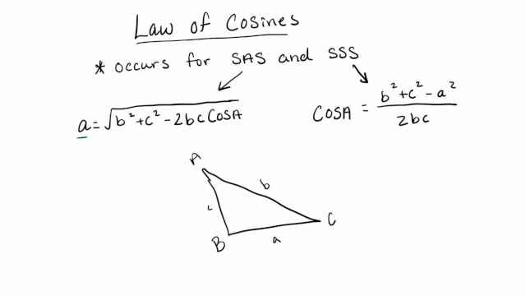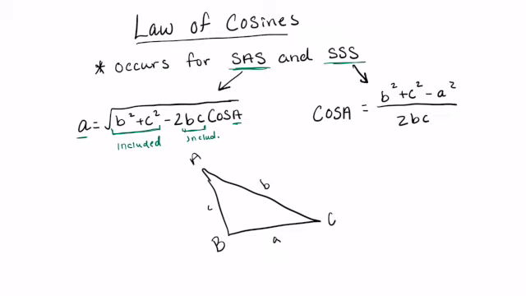If I'm looking for a specific side, my formula is going to use the included sides. So whatever they give me, the included sides squared, added together, minus 2 times the included sides, times the cosine of the angle that we're given. The law of cosines occurs for side, angle, side, and side, side, side.